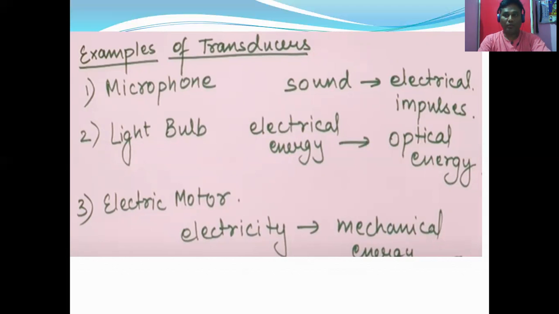The electric motor converts electricity to mechanical energy. So all the examples convert from one energy to another energy. That is the main role of transistors. What is the aim of transistors? The transistor converts from one energy form to another energy form, or a non-electrical quantity to an electrical quantity.